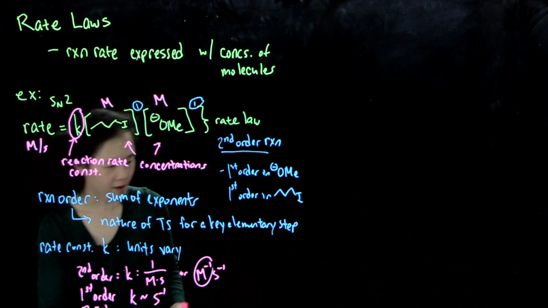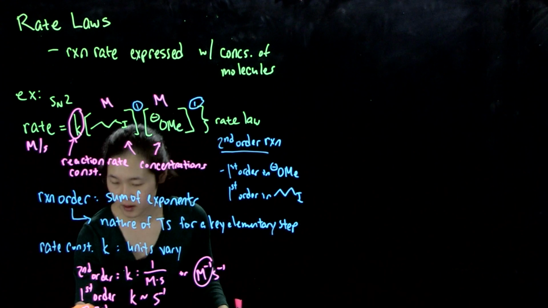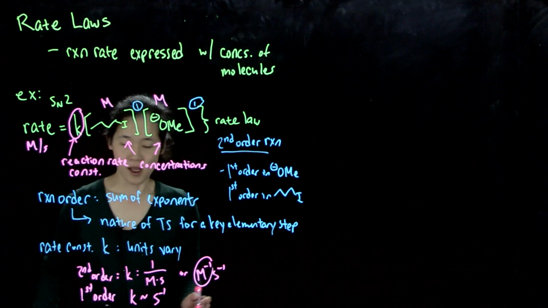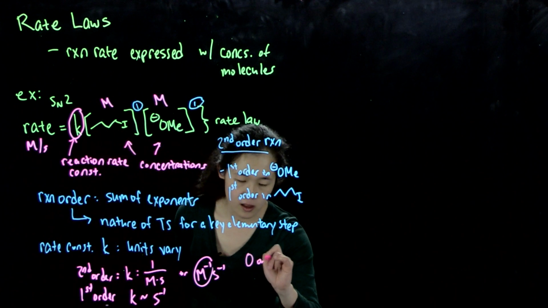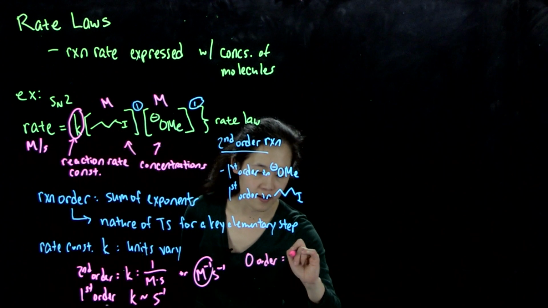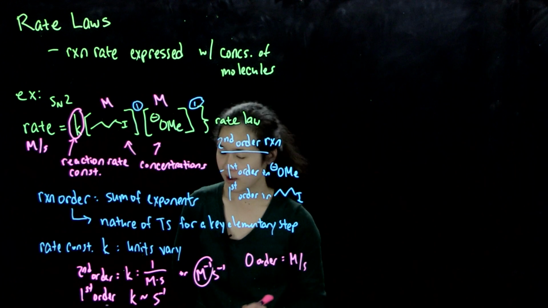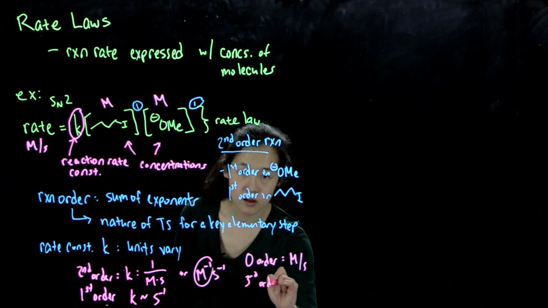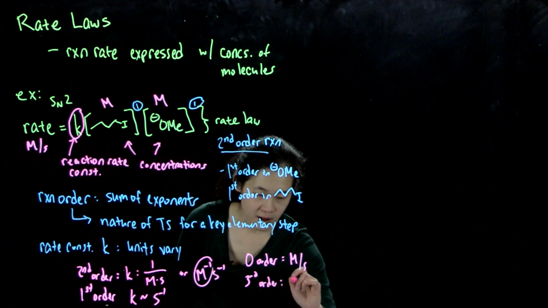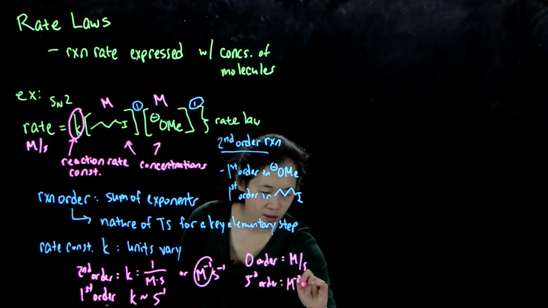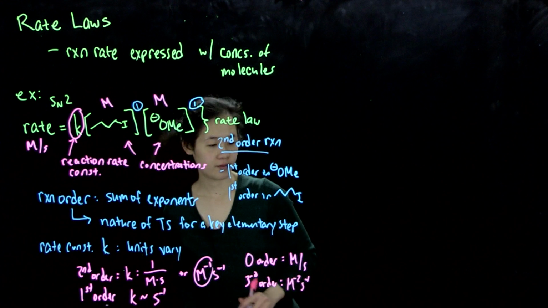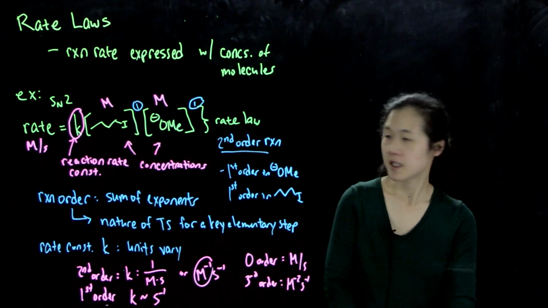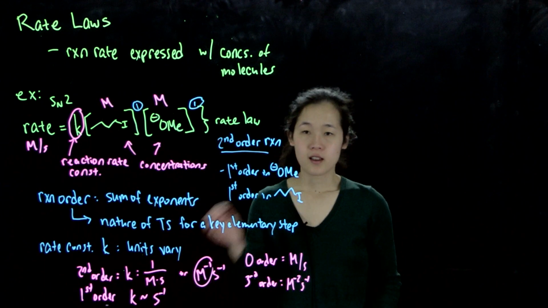For zero order, we'll have molar per second. We can have third order, in which case it'll be molar to the minus 2 per second. You get the idea. So that's what a rate law is.